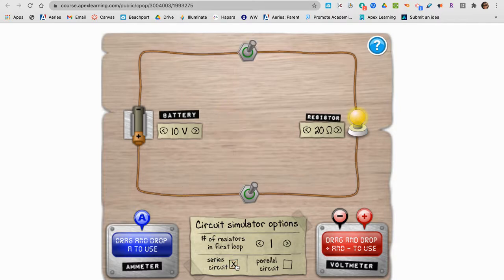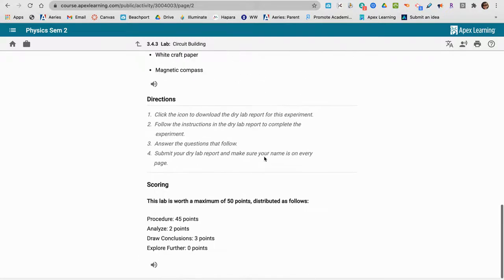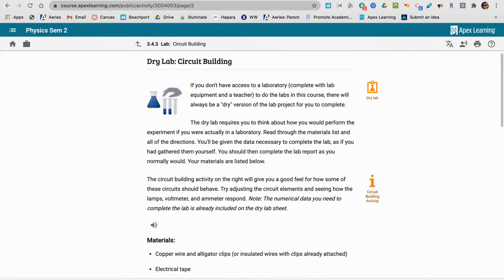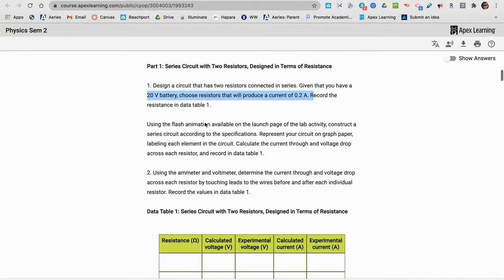I was just playing around with it, so let me clear it. This is what you're going to see when you open up the simulator. It says you want two resistors connected in series to a 20-volt battery.